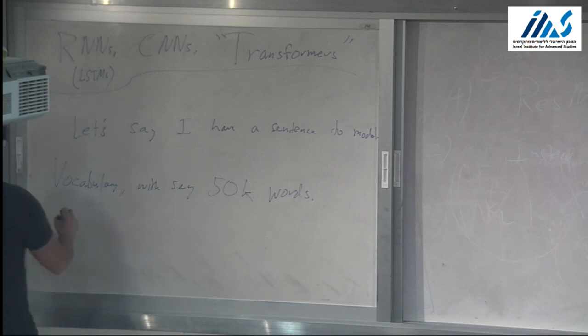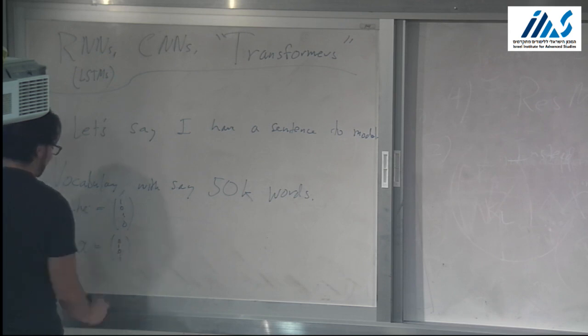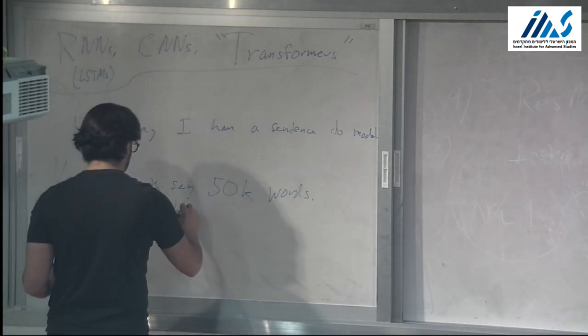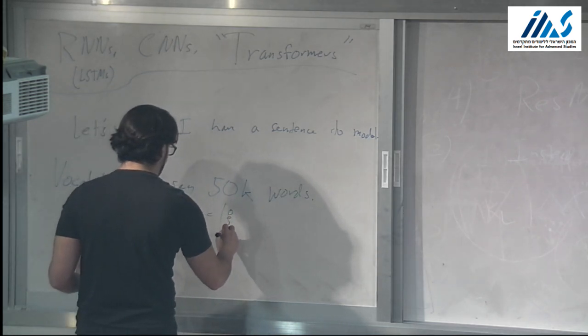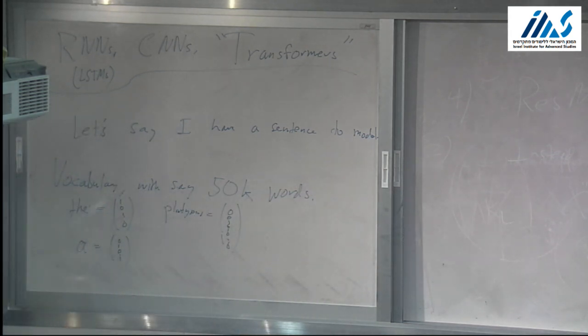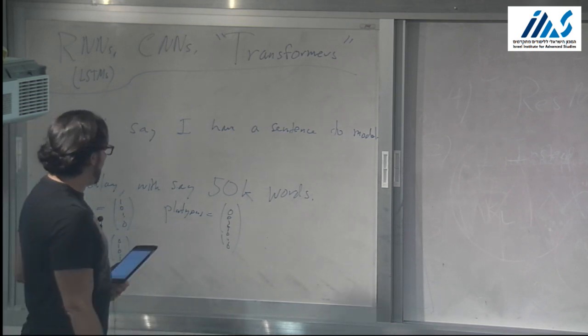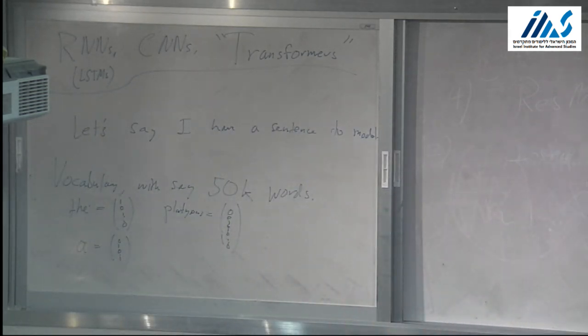So in other words, the might be 1, 0, 0, a might be 0, 1, 0, etc. Platypus might be 0, 0, 0, 1, 0, blah, 0, etc. And all of the words that I include in my vocabulary correspond to one of these unit basis vectors. Now, 50,000 is too big of a vector space for me to work in. I don't want to bother with this.